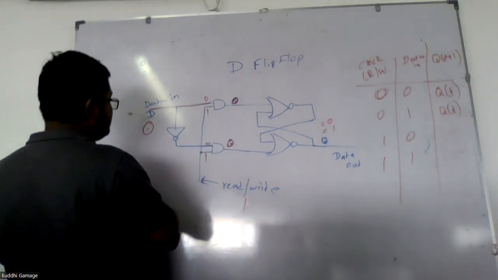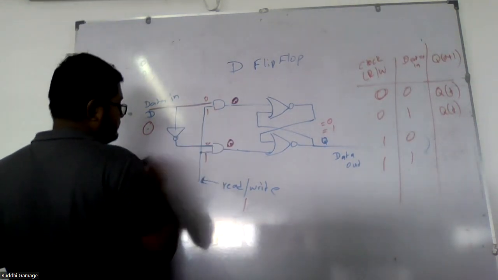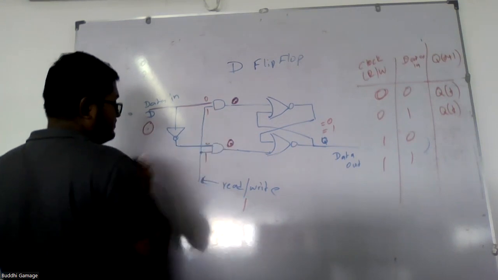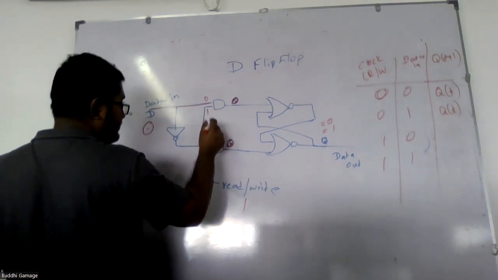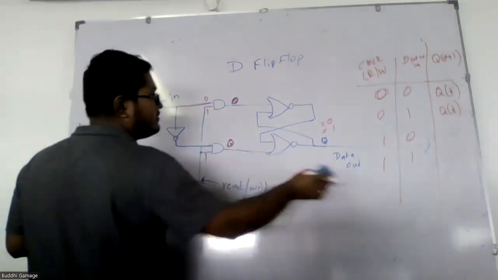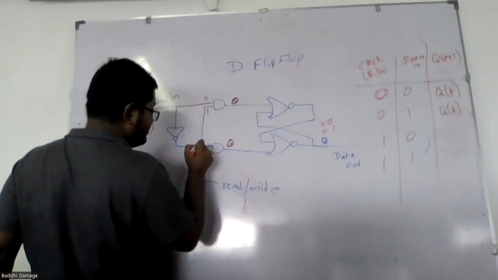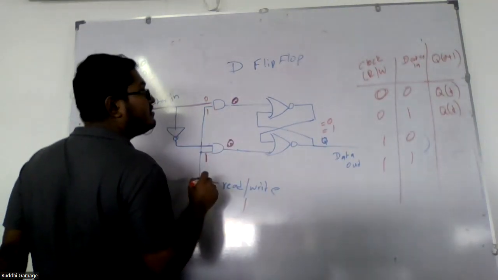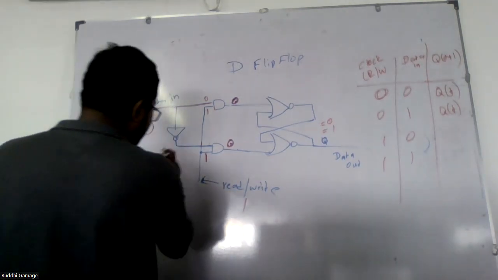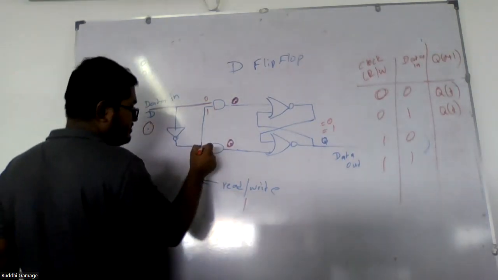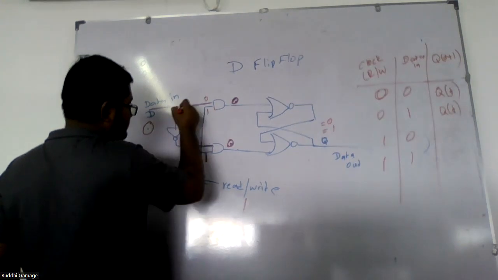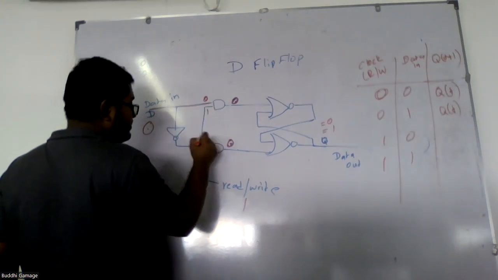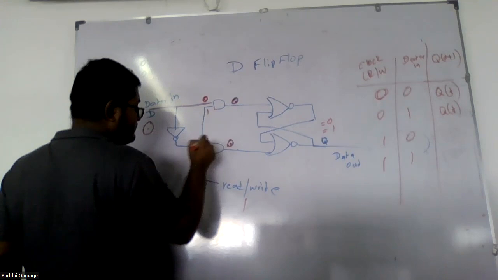Only this one. Since this is 0, this particular one is 0, so this is 1.